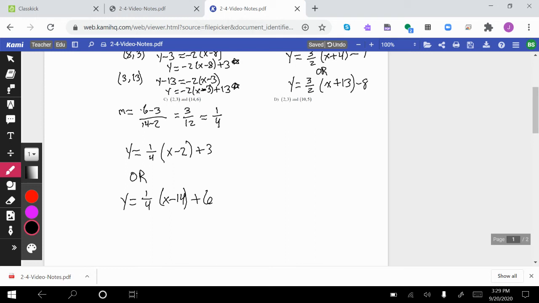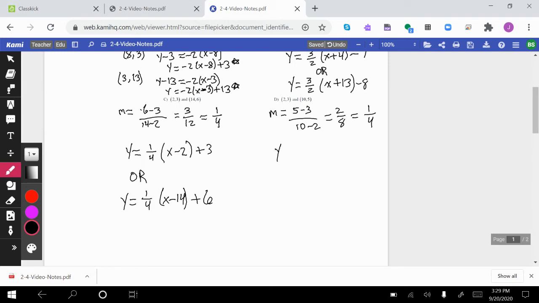Letter D, we have 2 comma 3 and 10 comma 5. So let's find our slope. We do 5 minus 3 over 10 minus 2 gives us 2 over 8, which simplifies to 1/4.